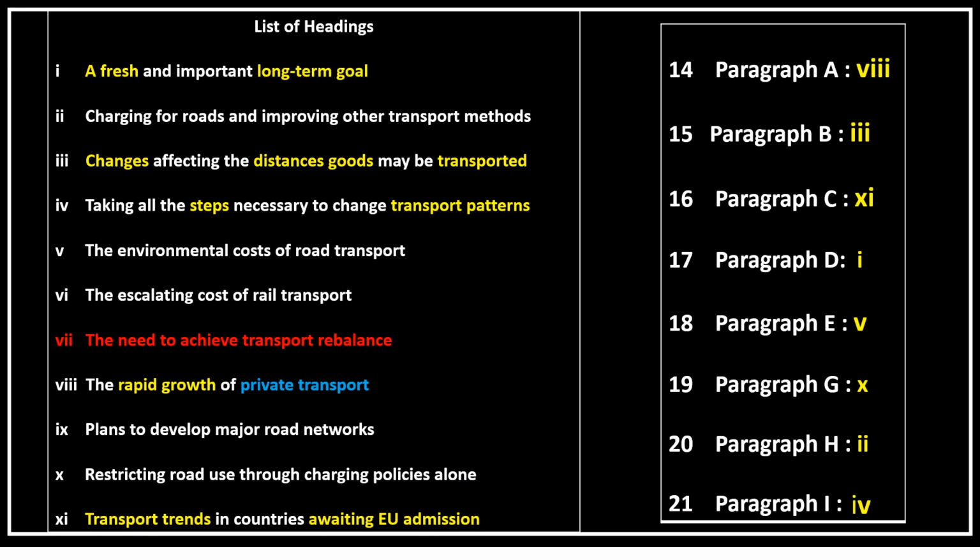Very few options are left. You don't need to consider those options which you have already chosen. Out of the remaining options, only the fourth paragraph has these keywords such as taking all these steps. And what about transport patterns? Transport patterns refers to the keyword that is other modes.